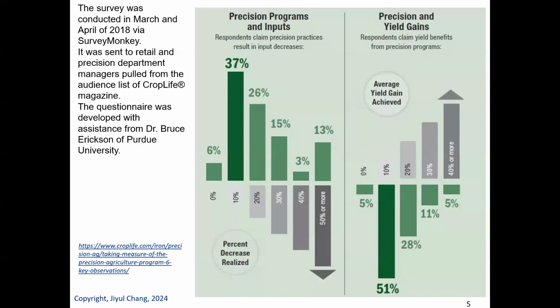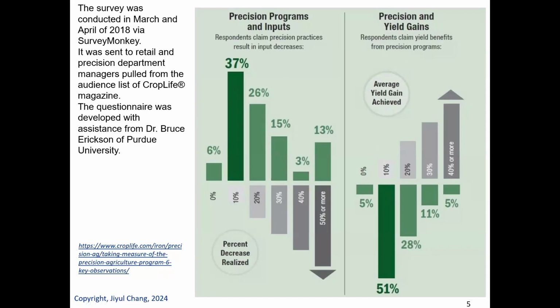The right-hand side is where this survey asked the dealerships how much they increase the yield when they use precision ag practice. Fifty-one percent of dealerships said they increase grain yield by about 10%.